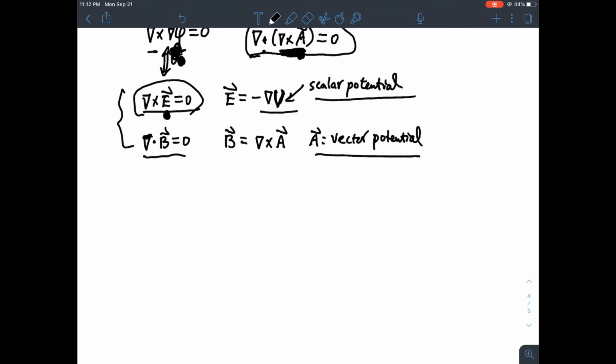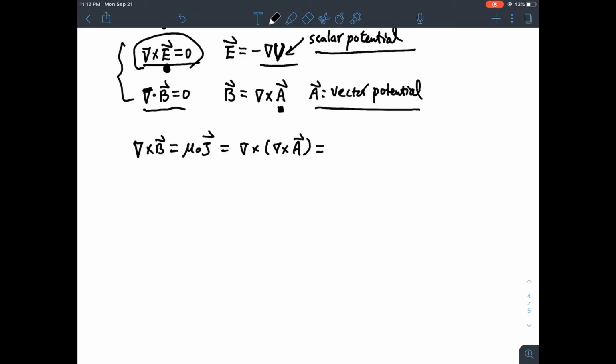Now we try to figure out how to calculate this vector potential. The only equation that we have left is Ampere's law, which says del cross B equals mu 0 J. So now we just plug in B as del cross A, and we can use the vector identities. You can see from Griffiths' book, on the second page, that this can be written as this.